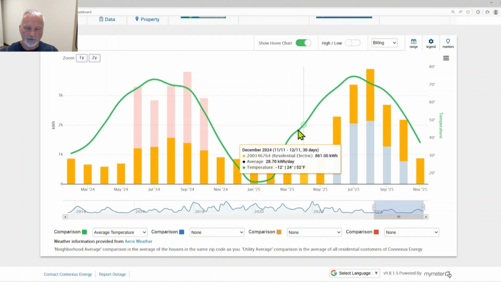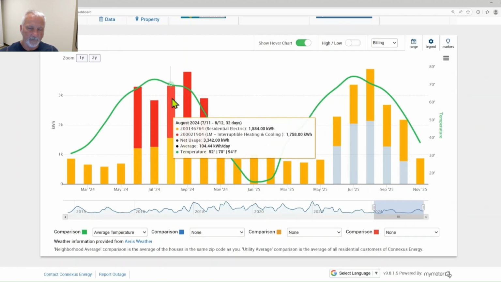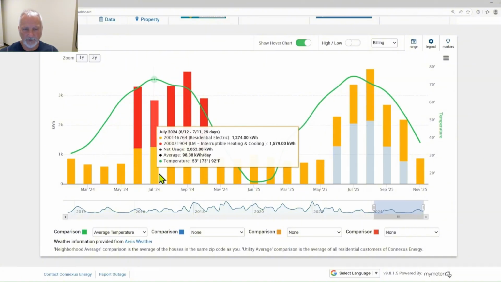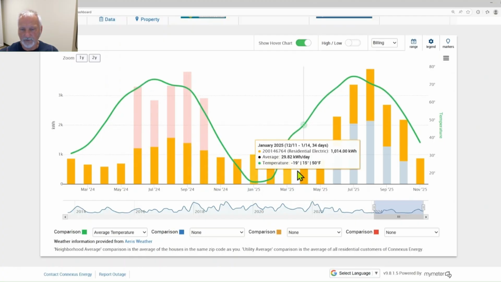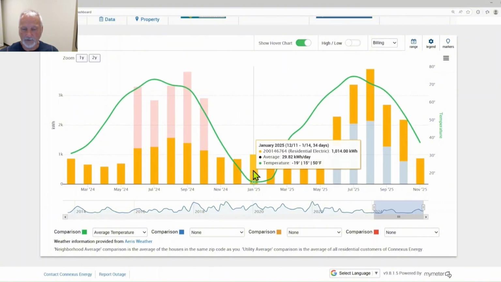So that's why temperature is a good thing to put on there, because if the temperature goes up and your usage goes up, you must have air conditioner. Maybe you've got window air conditioners, you'll see that on there. And then in the wintertime, when the temperature goes down, if your usage goes up in winter, well, then you must have some sort of electric heating. So those are just things to look for.